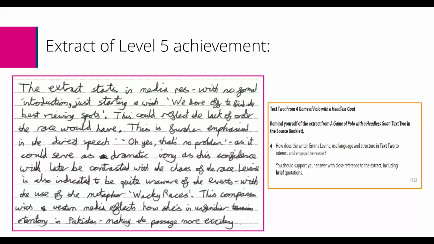So this little bit of this extract here is from page 34 of the examiner report, which is available for you online. And the comment that the principal examiner made here is this response contains a wide range of interesting points. The candidate is discriminating in their selection of references and offers analysis of a range of language and structure features.